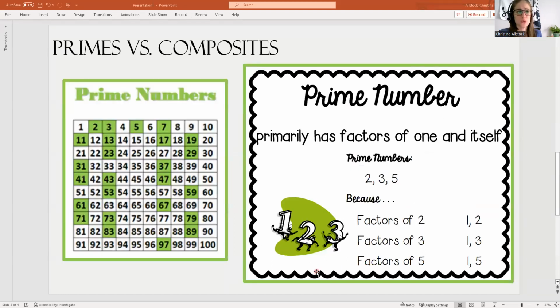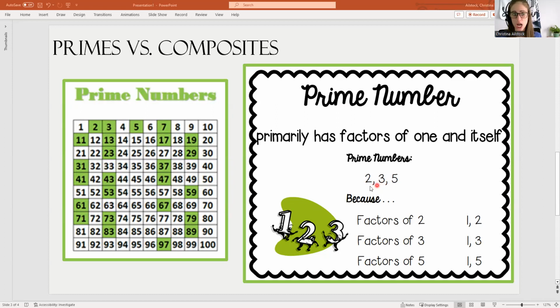All right, if we're going to be doing prime factorization, that's great. We know what our factors are. But what are our primes? Our primes are numbers whose only factors are 1 and itself. For example, you can see them, not all of them, but 1 through 100 on the left on this chart.